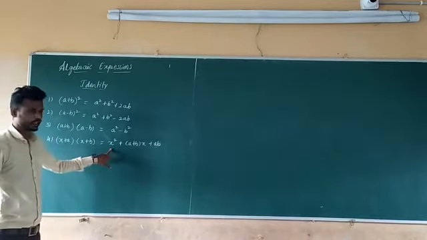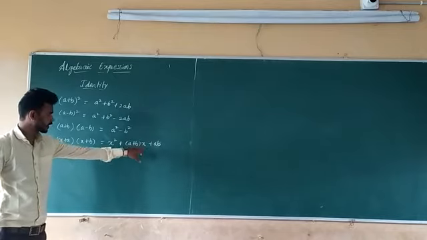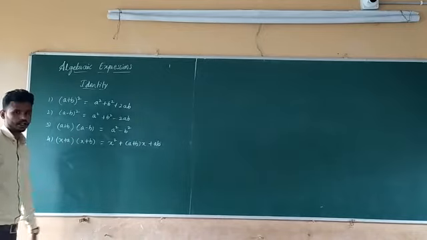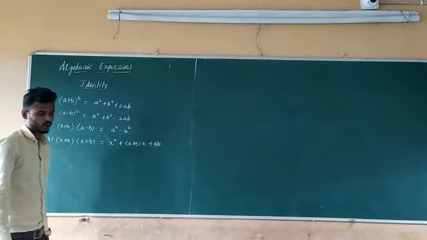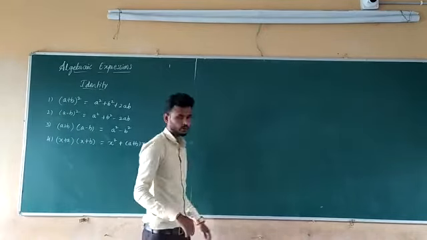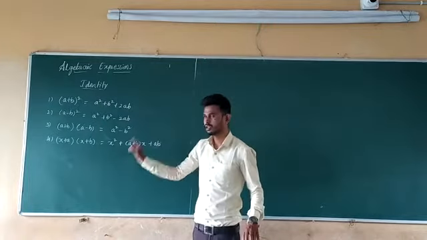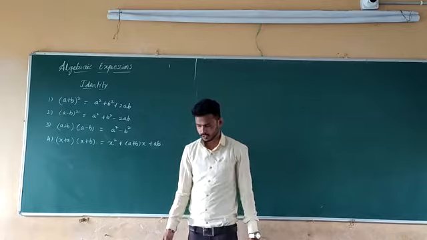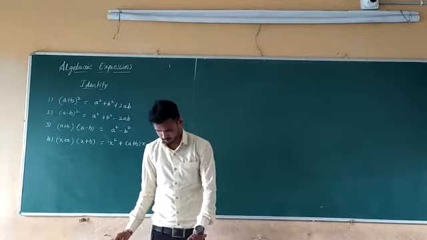So this is the standard expression: x square plus (a + b)x plus ab. These are the 4 standard identities we are going to study and use to solve the problems. Let us see some examples on this.